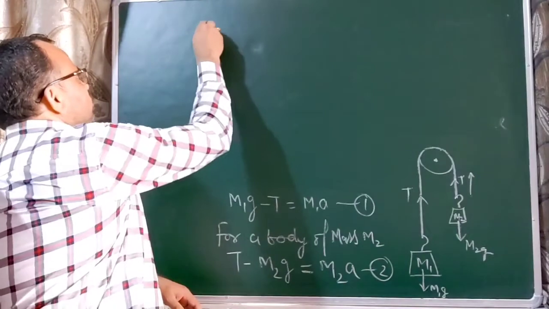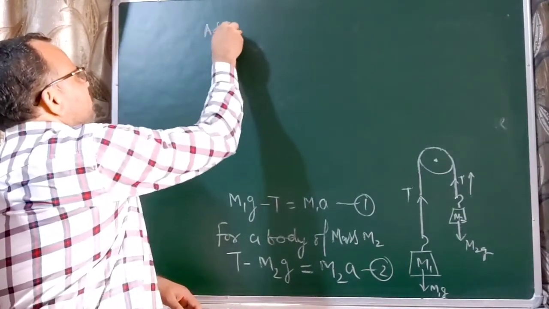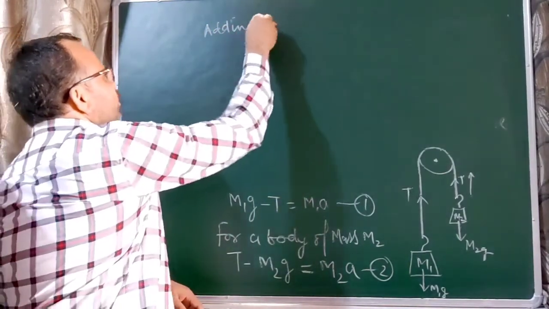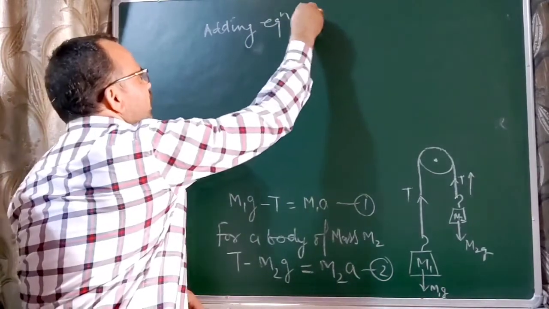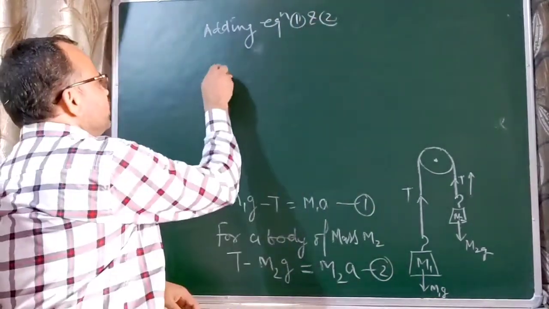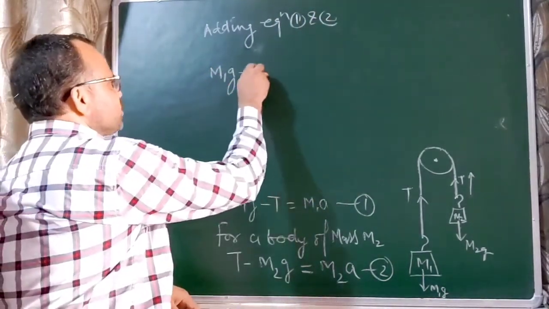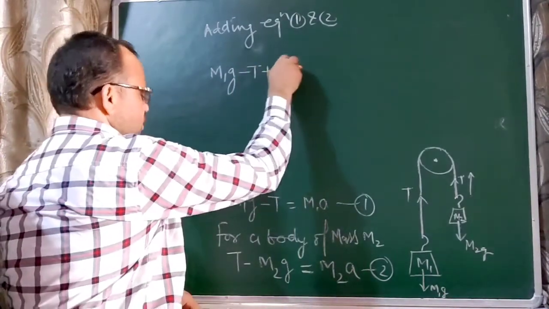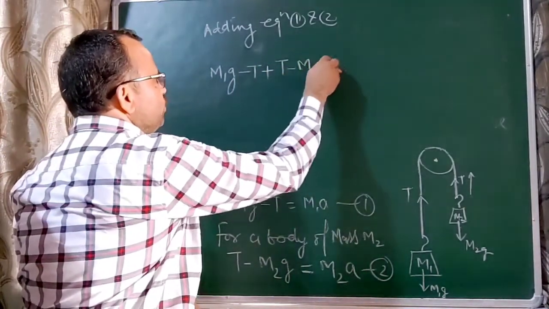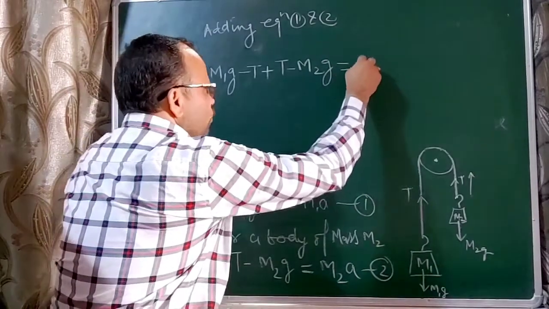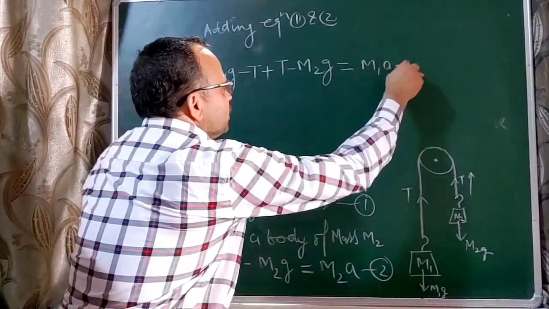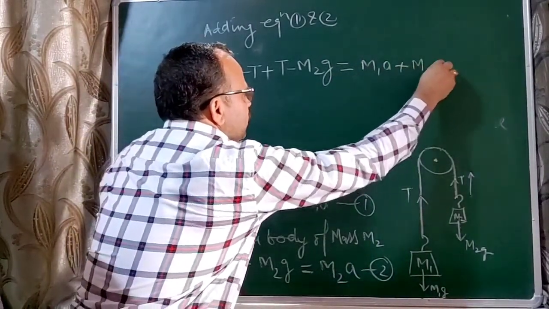Now adding equations 1 and 2: m1g minus T plus T minus m2g is equal to m1a plus m2a, right?